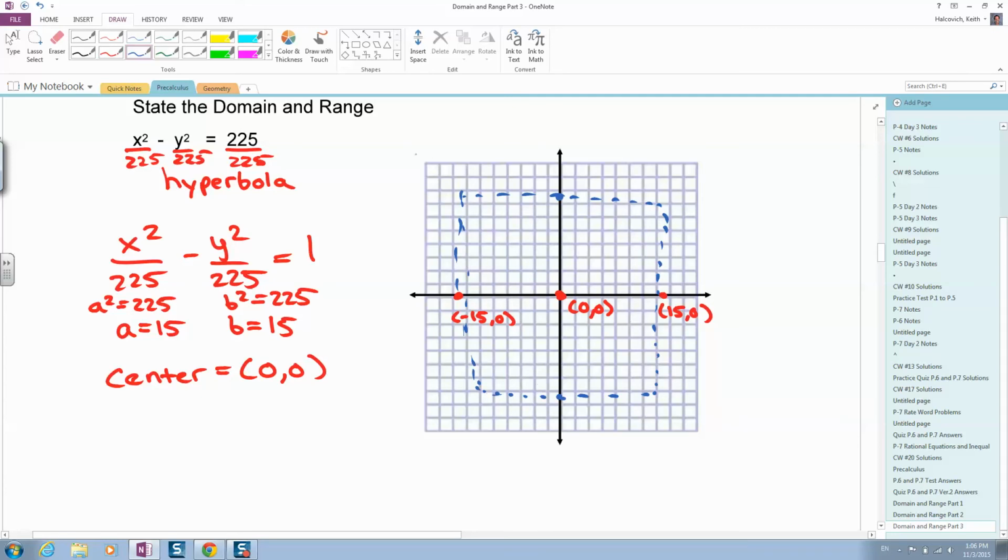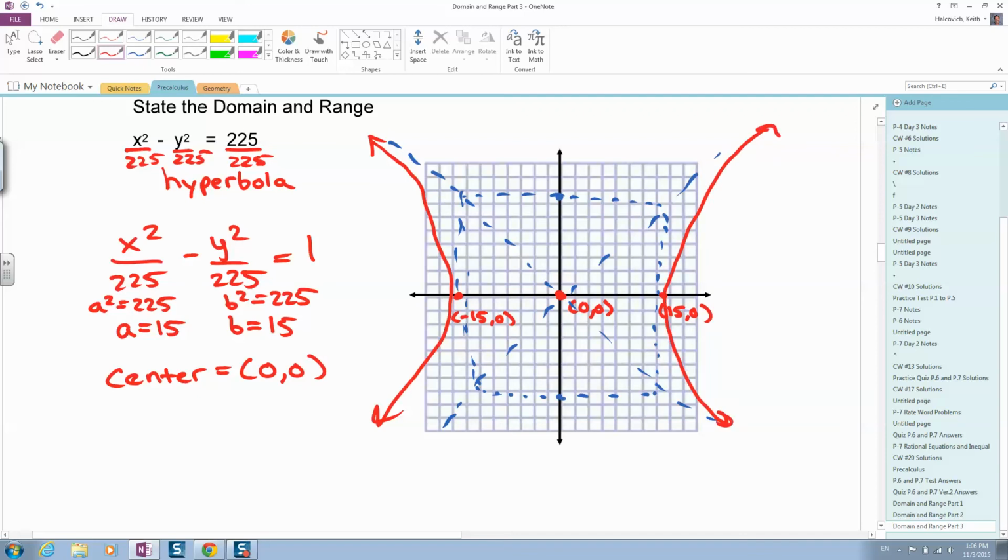And then you would have your asymptotes that go this way, and your asymptotes that go that way. And then here's your hyperbola that follows it. All this should ring a bell from Algebra 2.